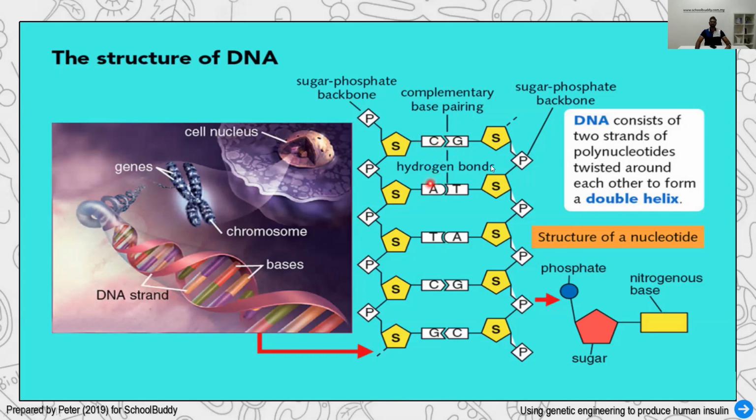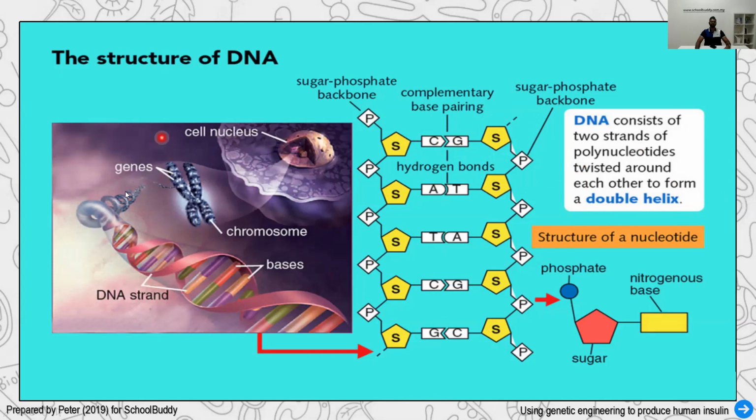The bond is called the hydrogen bond, and they form a coiled, twisted structure known as the double helix. So this is how the double helix is coiled, forming the structure of DNA.